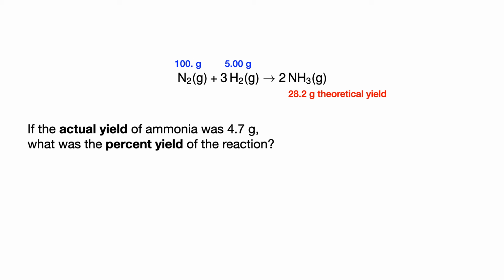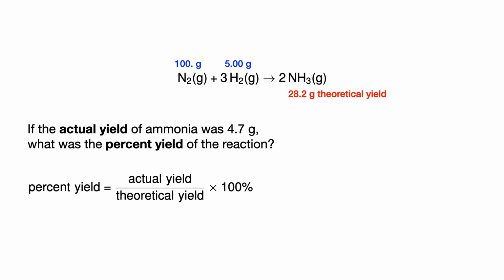And then if we multiply by 100%, that will give us our yield as a percent. So we've got 4.7 grams that we actually got from this reaction, divide by the 28.2 grams that we expected, and multiply by 100%, and find that in this case we ended up with only 16.67% of the yield that we theoretically expected. Or rounding off to appropriate precision, our percent yield in this case was 17%.